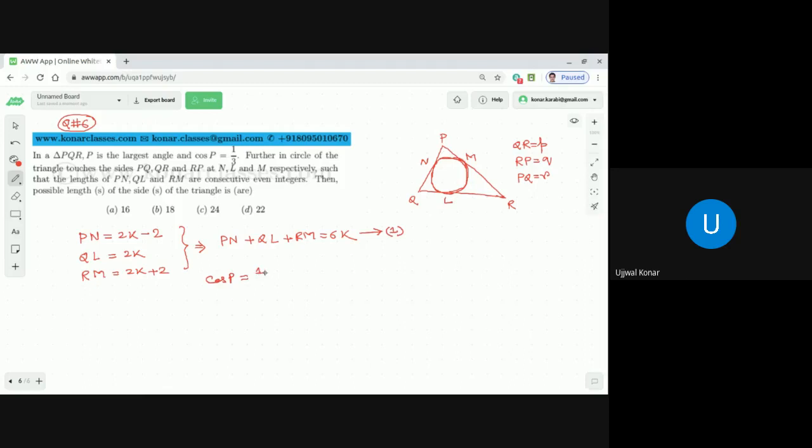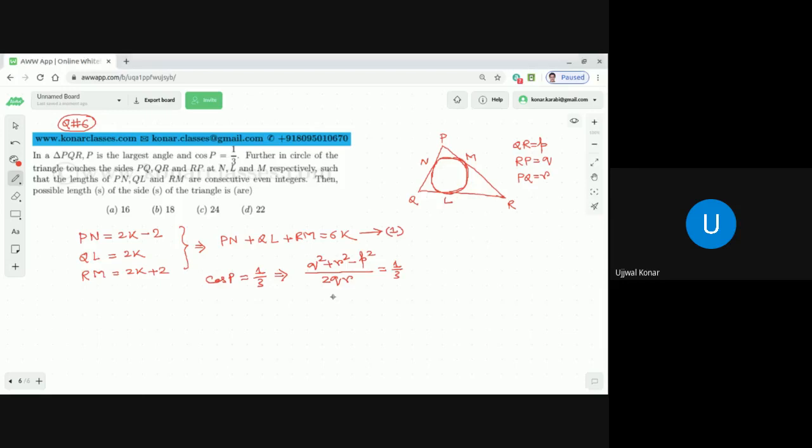This implies cos P is equal to what, dear students? If we apply the formula, Q square plus R square minus P square divided by 2 into Q into R is equal to 1 by 3. Correct? So this implies what?